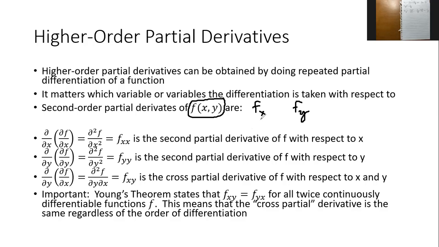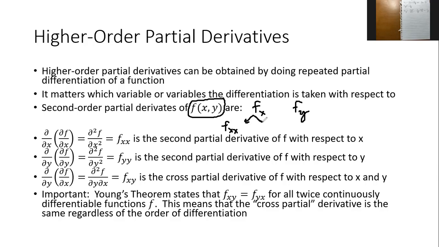partial derivatives. And it might make sense to remind you here that fx could be a function of x and y. Fy could be a function of x and y. So it's meaningful to think, okay, what's the partial derivative with respect to x of fx? It's something you might call fxx.